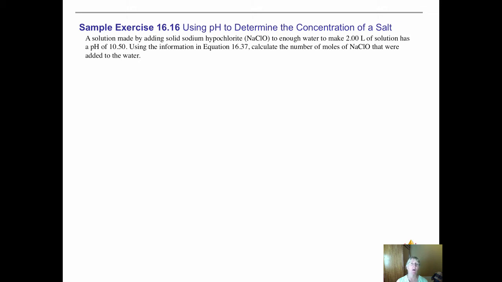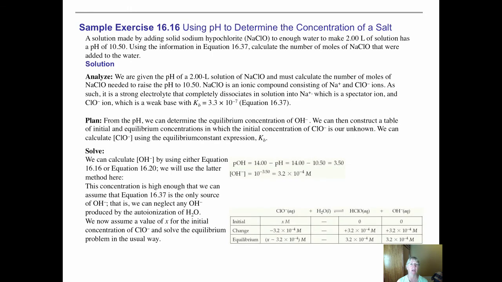And the ClO minus ion can act as a base, and so it will be accepting hydrogens, and it's probably got a Kb. We're given a 10.5 pH, and don't worry about the 2-liter solution yet, and don't worry about the number of moles yet. Let's focus on getting the Kb for the ClO minus.